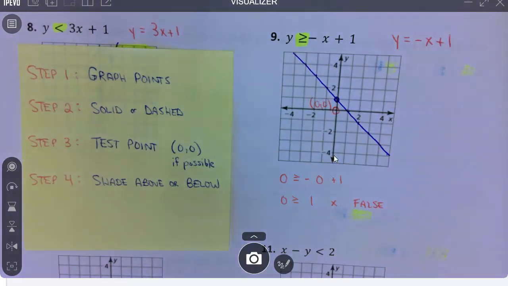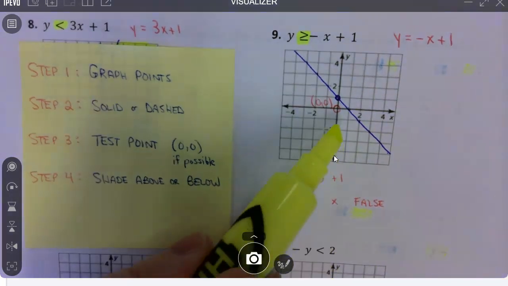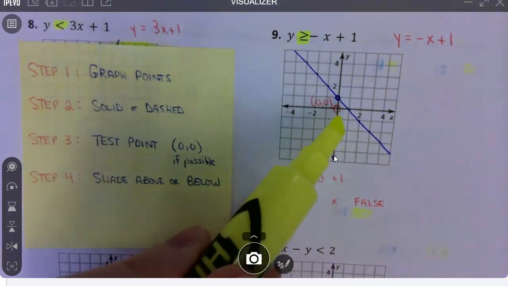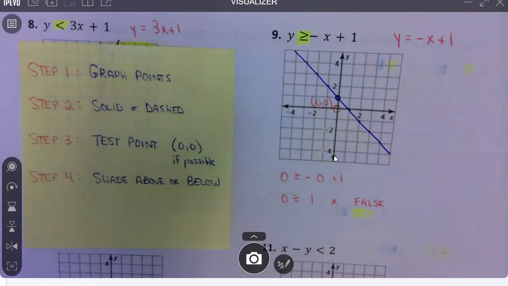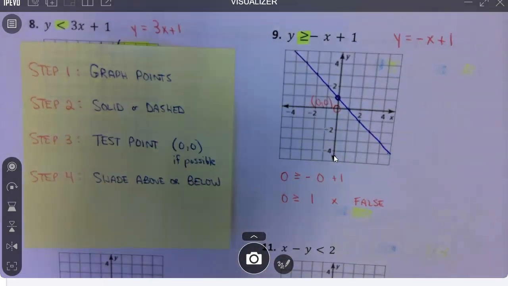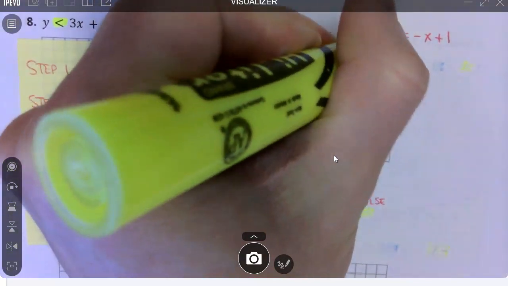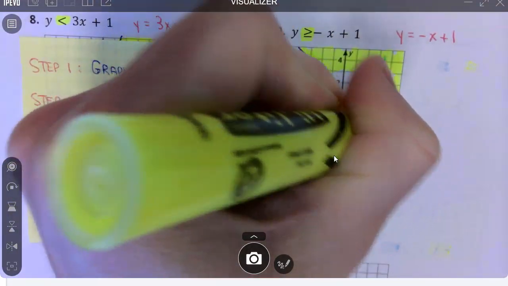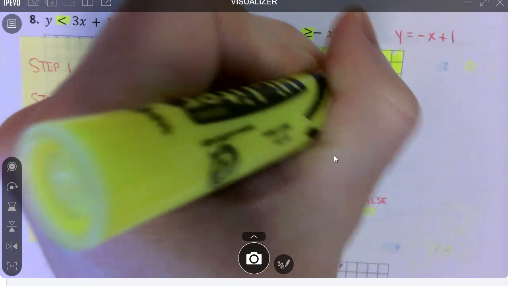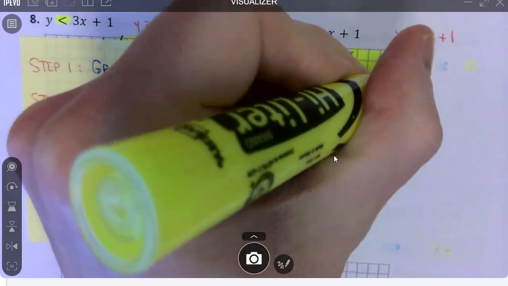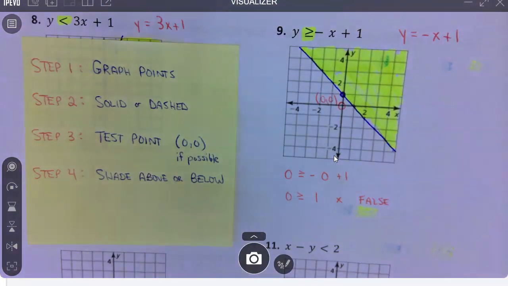So that means the region of the graph that included 0, 0 doesn't work. So I'm shading the other region of the graph, which is everything that's going to be above the line. So I shade all this right there. Fantastic.